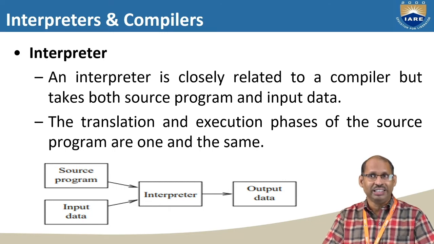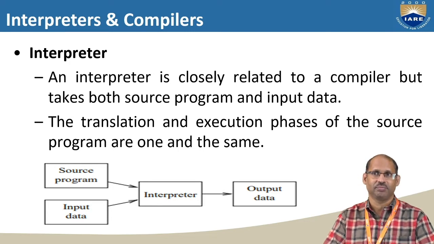It won't translate. The compiler will translate, then execute, taking those object programs into the memory. But the interpreters take both the source program and input data, and they will analyze each line and execute immediately.